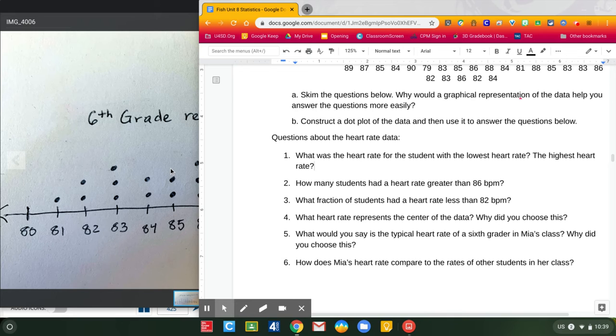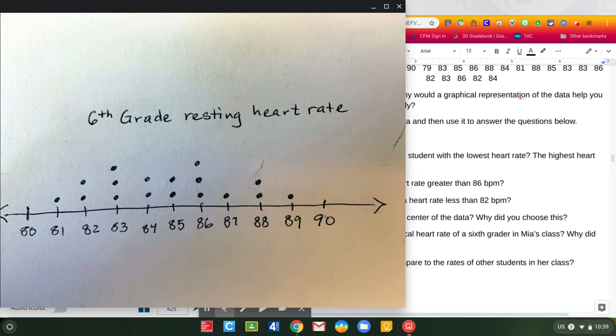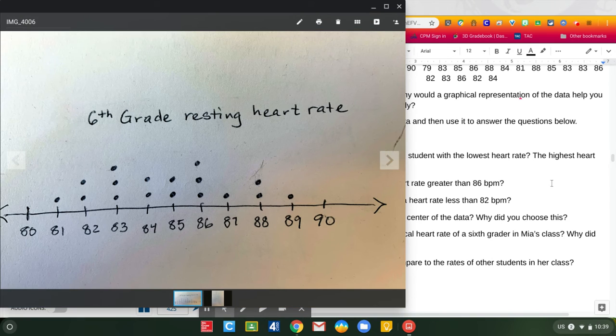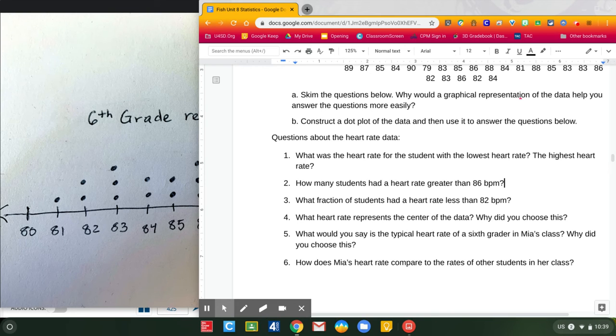What fraction of students had a heart rate less than 82 beats per minute? So only 2, remember I didn't put a dot for Mia there, 2 out of 23 students had a heart rate less than 82 beats per minute. What heart rate represents the center of the data?